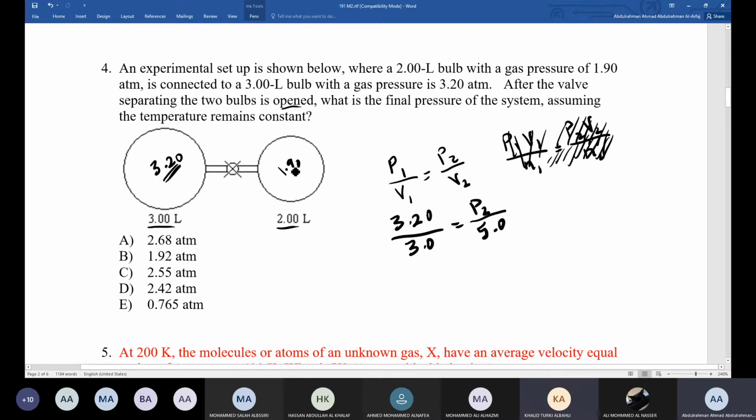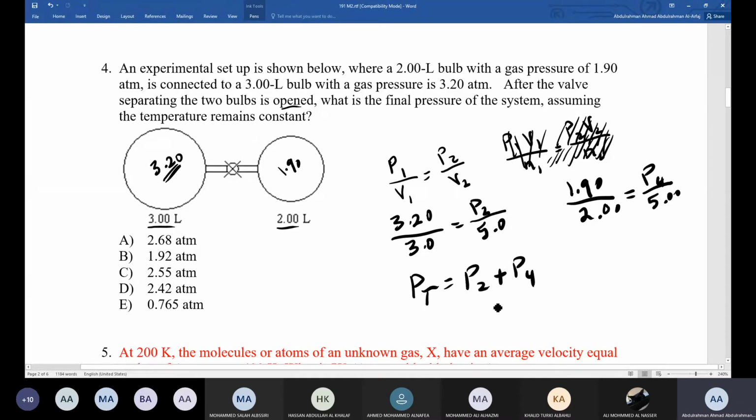Then I'll do the same thing with the second one: 1.90 divided by 2.00 equal to P4, because I consider this as P3, over 5 liter. Find P2 and P4, then according to Dalton's law, P total will be P2 plus P4, as if the other one is not available.